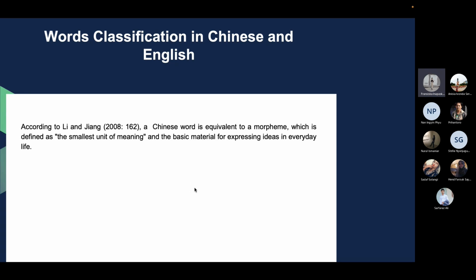From here, there is a syllabic perspective. If a word is represented by a single syllable, it is called a monosyllabic word. And if a word is represented by two syllables, it is called a disyllabic word.